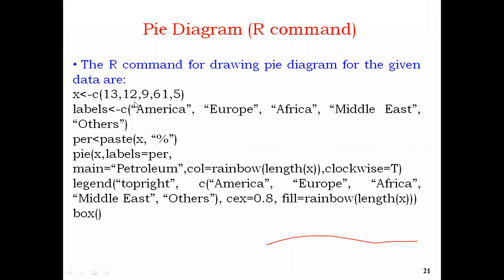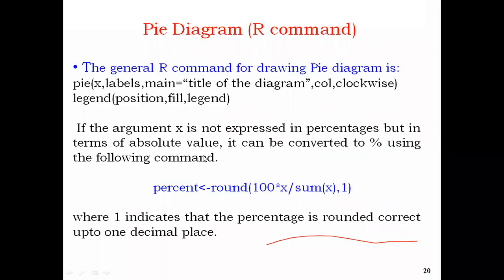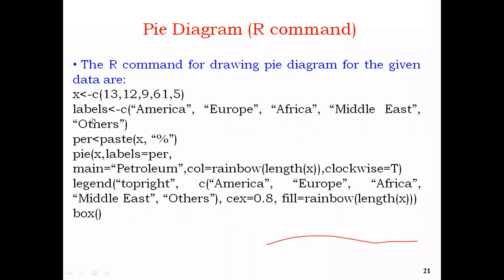So I'm telling it to take the petroleum values for these countries as x. And then labels are the countries: America, Europe, Africa, Middle East, and others. Then per, PER.